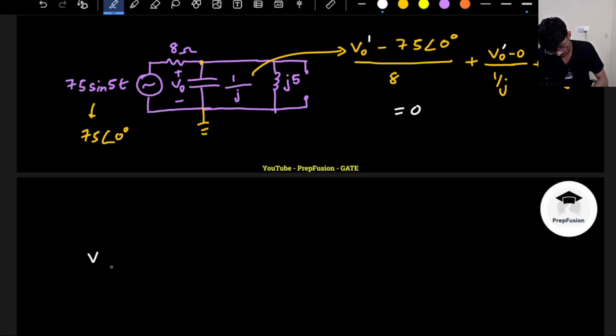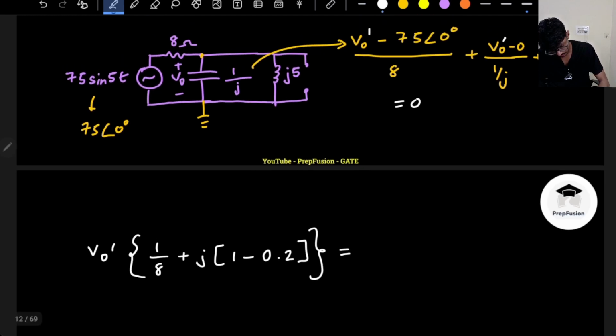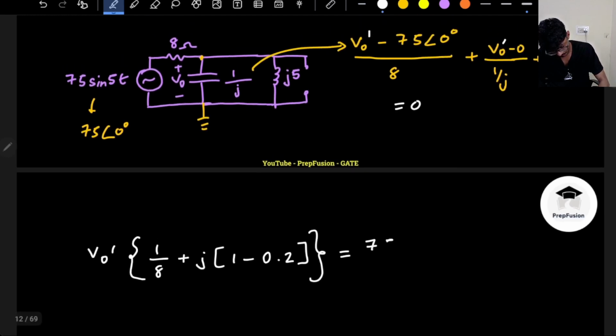Okay. So from here, what will be my v naught dash? V naught dash will be, 1 by 8 plus j 1 minus 0.2, and this will be basically 75 angle 0 divided by 8.